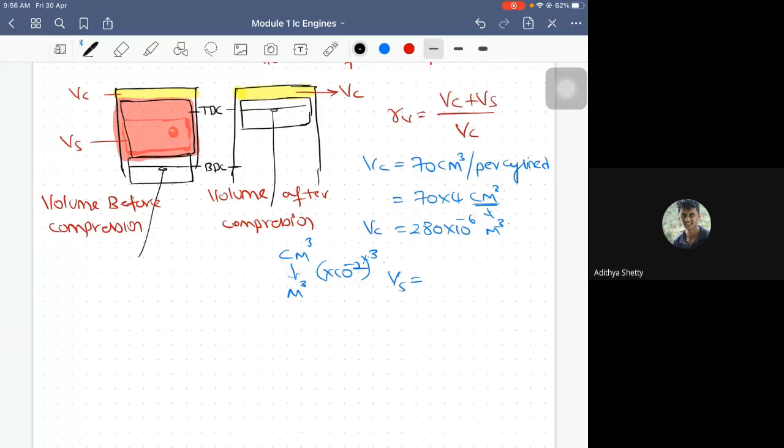How will you calculate it? It is an engine piston, something like this, okay, and this is circular. If I take it out, it would be something like this, correct? This is the diameter, this is the length. So how do I calculate the swept volume? Can I write it as pi d square by 4 cross L?